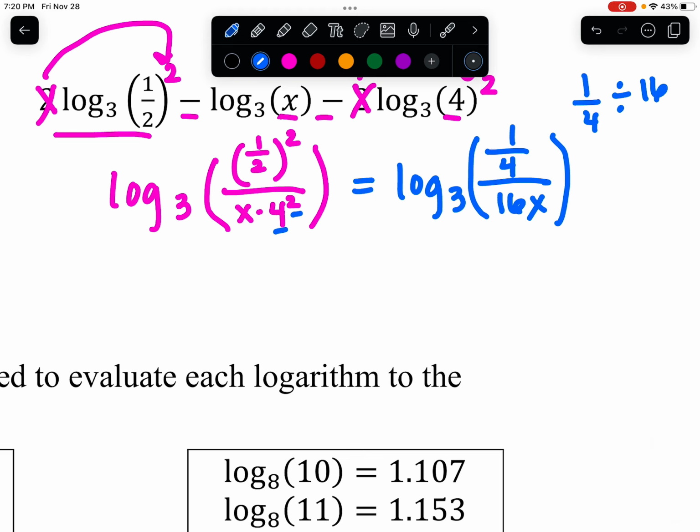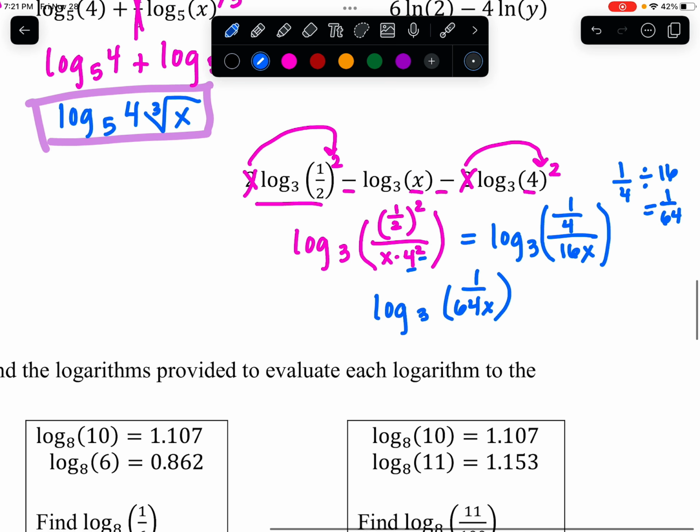And that will give me an answer. Okay, and that's what I want you to do. It gives it to me, if you give, hopefully it gives it to you in a fraction, and it's 1/64. And so then my actual answer should be log base 3 of 1/64x. And yes, I know that's ugly, and you're probably like, oh my gosh.